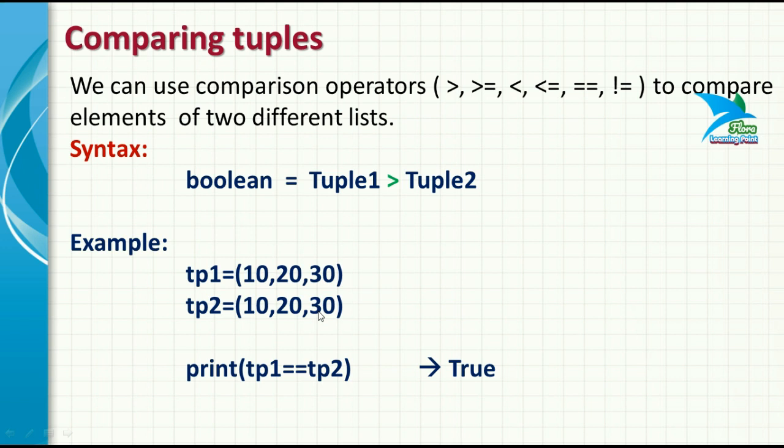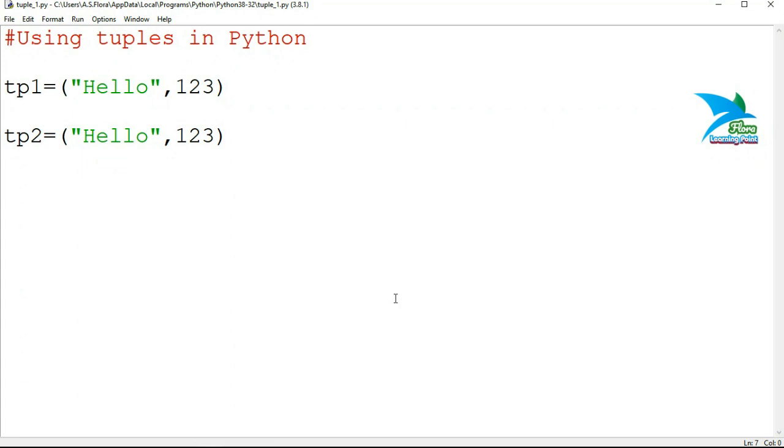Then after the one position comparison, the system will compare the elements at the second position. In this way the system will compare all the elements, and here we are using the equal operator to compare these two tuples. The system returns true because each and every element at the identical index positions is equal.